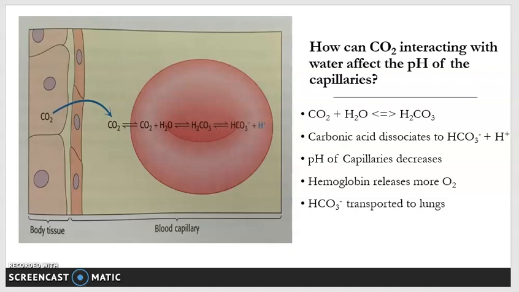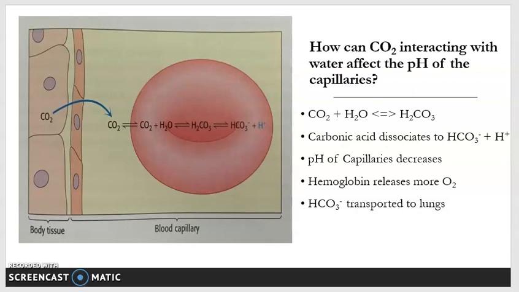So carbon dioxide in the tissues diffuses into red blood cells. And inside a red blood cell, carbon dioxide reacts with water to form carbonic acid in a reaction catalyzed by the enzyme carbonic anhydrase. Then carbonic acid dissociates into HCO3 minus and H plus, resulting in a drop of pH inside the red blood cell, causing hemoglobin to release more oxygen.